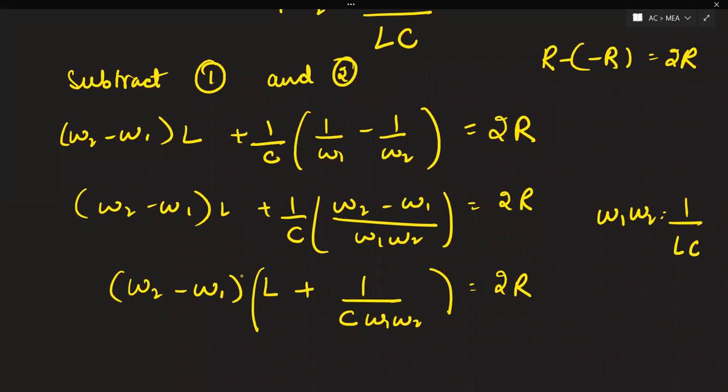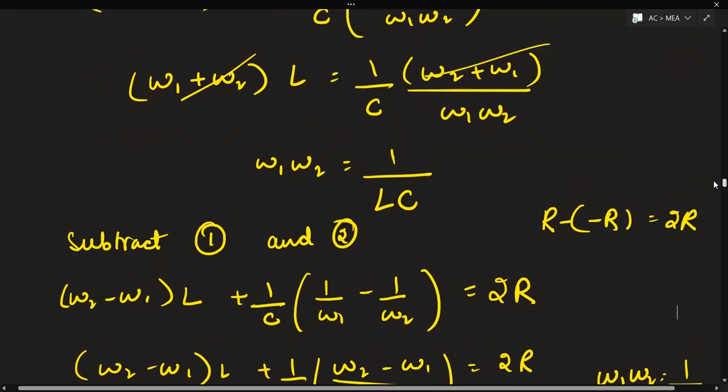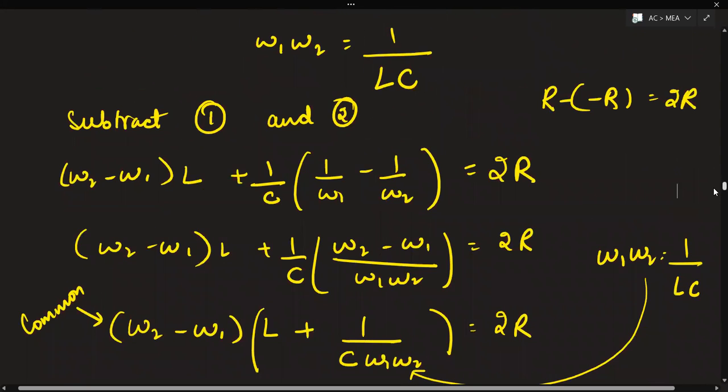So from here, if you just put this value, omega 2 minus omega 1 has been taken common. What is left? L plus 1 by C omega 1 omega 2. Right, class? From here, I have taken common this term. And omega 1 omega 2 came out to be 1 by under root LC. Remember from here, omega 1 omega 2 is equal to 1 by LC.